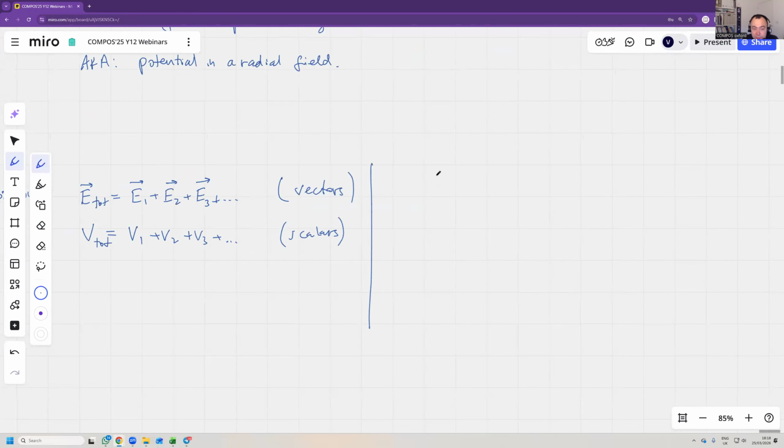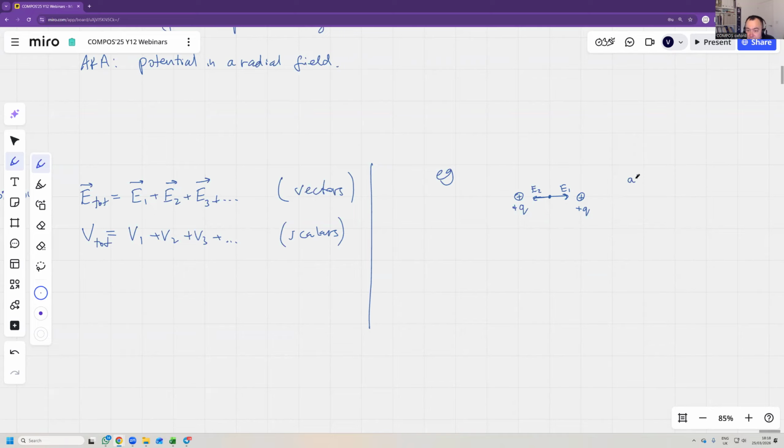So, for example, if you have a positive charge, plus Q small, and another plus Q small, there will be an electric field that way, a vector, and an electric field that way. Let's call them E1 and E2.